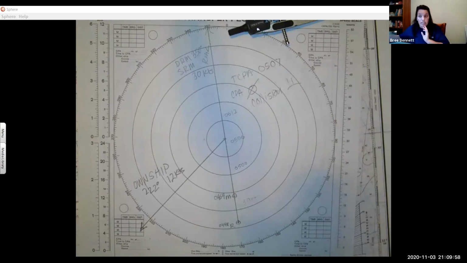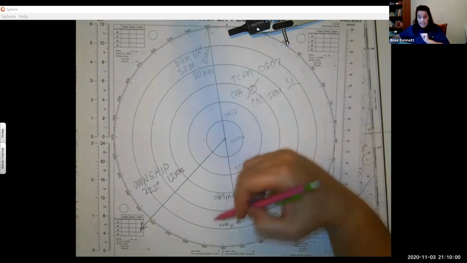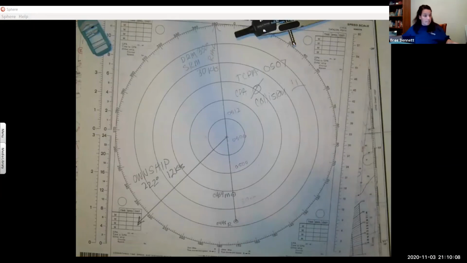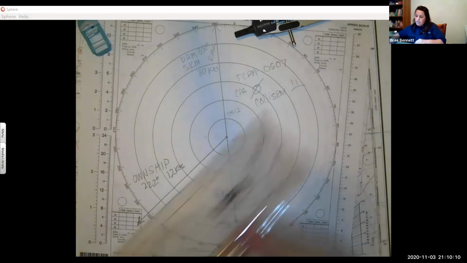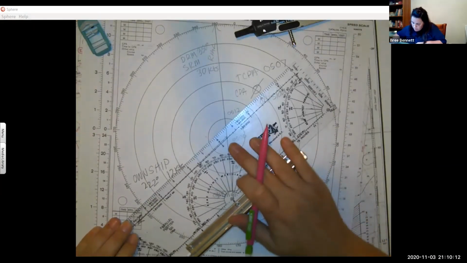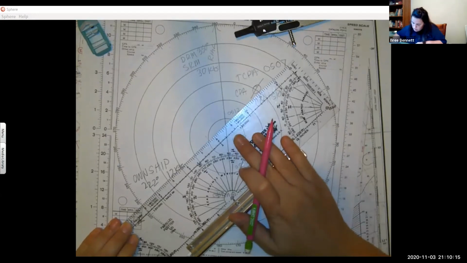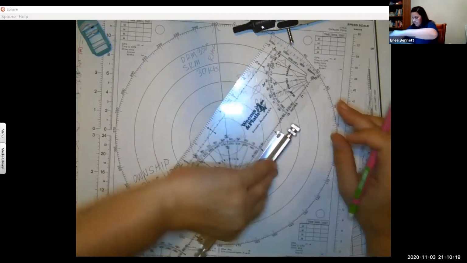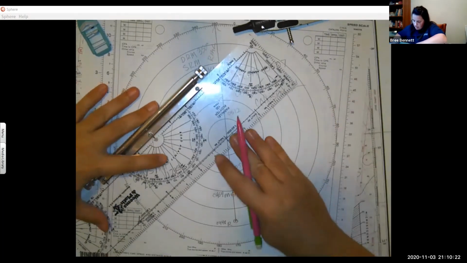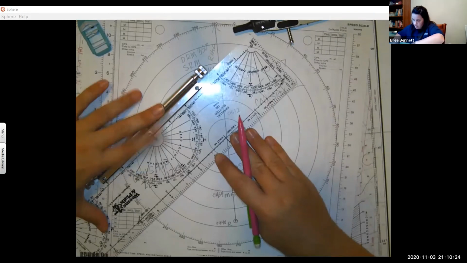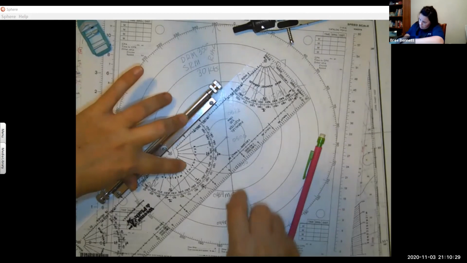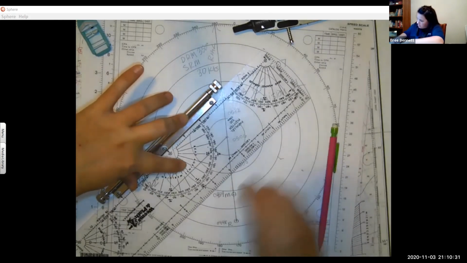Okay, now we're going to plot our E so we can find what their true motion is. Our first step to plotting E is to parallel our own ship's heading 222 from R. Let me erase this real quick.